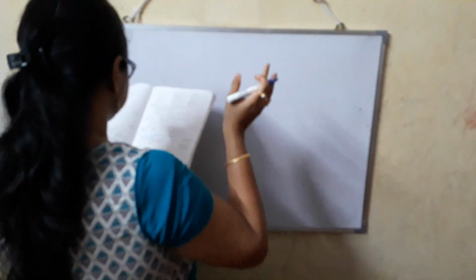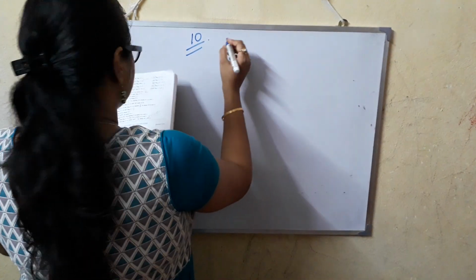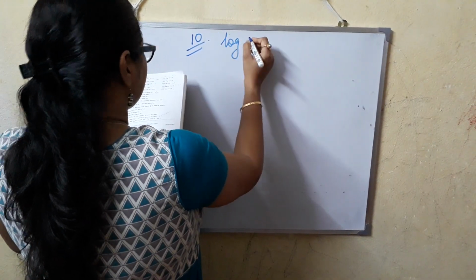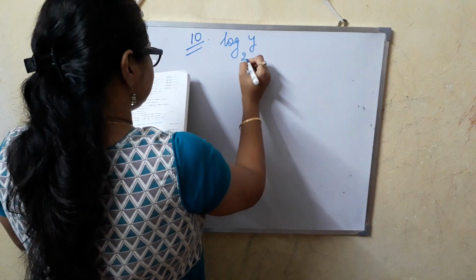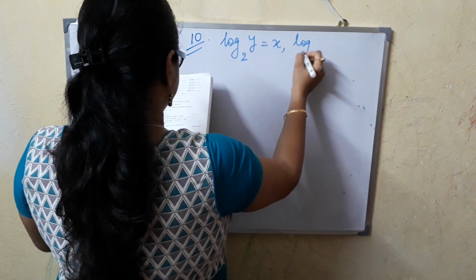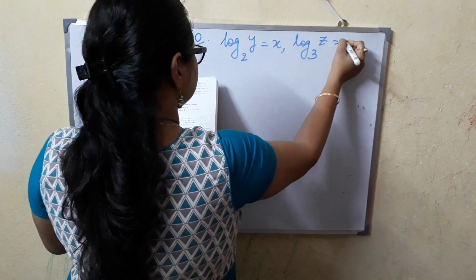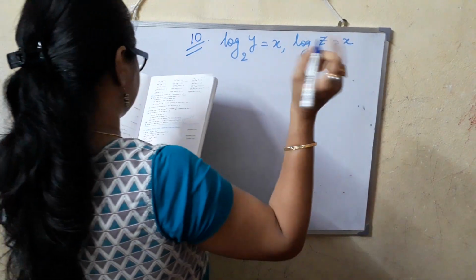The last sum for today which I am going to show you is sum number 10. What do we have in sum number 10? Log of y to the base 2 is equal to x. Log of z to the base 3 is equal to x once again.